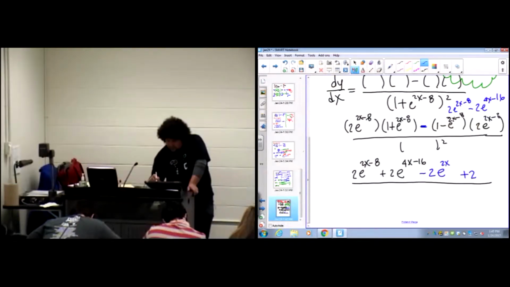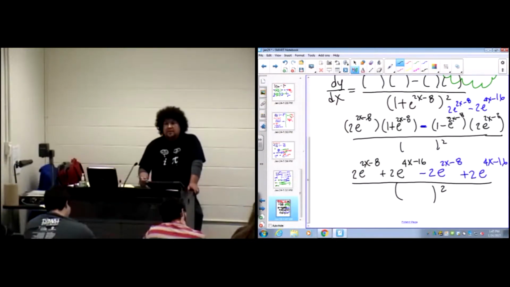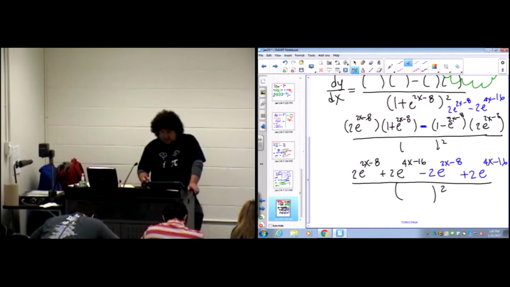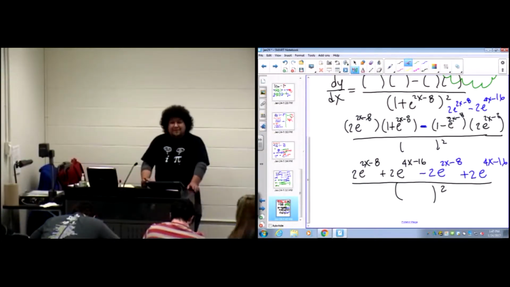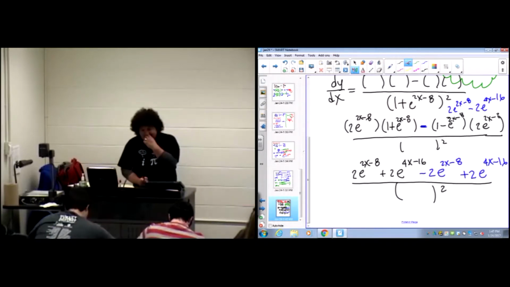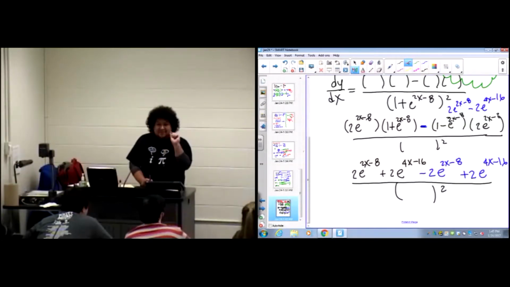The good thing is that you identify certain terms and see whether it becomes easier or harder and horrible. Can we simplify? Is there anything that simplifies this? Thankfully, there is a cancellation here. This 2 e to the 2x minus 8 cancels with the very first term in that numerator.